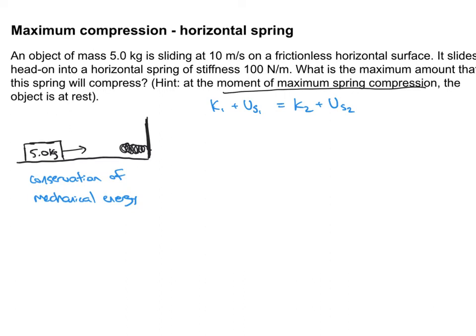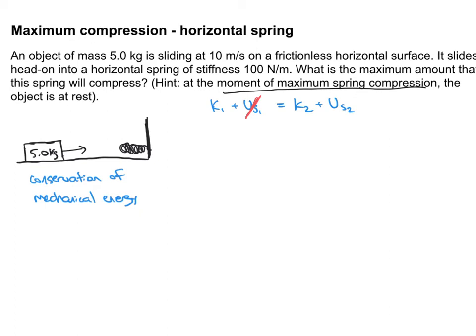And you're going to analyze and ask if any of these is going to be 0. Well, actually, a couple of them are. Before this block even makes it to the spring, it's just sitting there at rest in its natural position. So there's no spring energy before the block hits it. So that's 0.